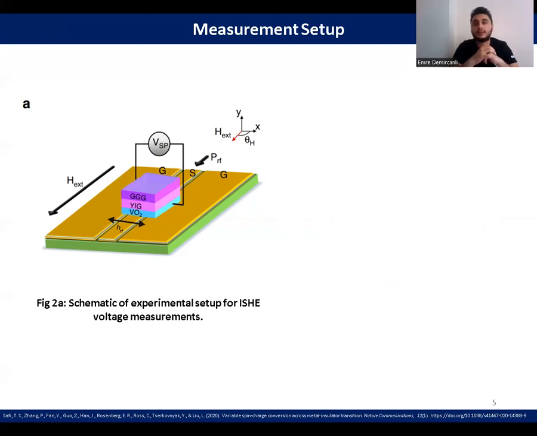At this point, ferromagnetic resonance was triggered by an external magnetic field under the control of sample temperature, thermocouple, and temperature controller. Thus, with the help of a DC voltmeter, the inverse spin Hall effect voltage could be measured across the vanadium dioxide layer.